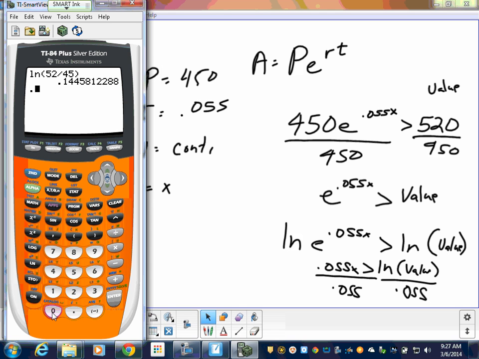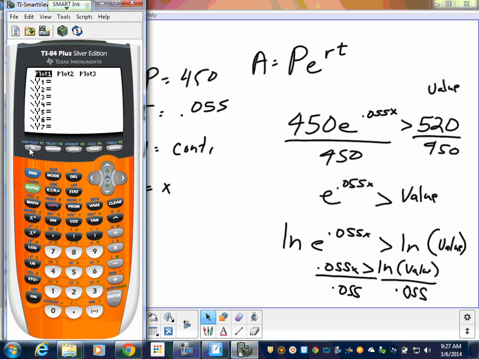And then I divide it by 0.055. Well, goodness. So, natural log of 52 divided by 45 over 0.055. It's 3.04.